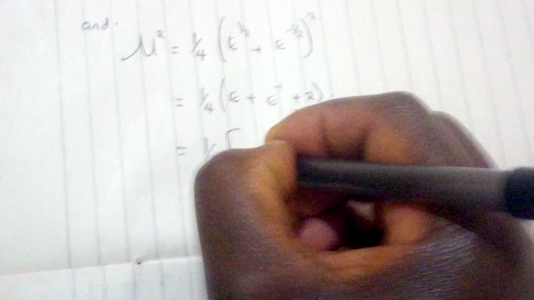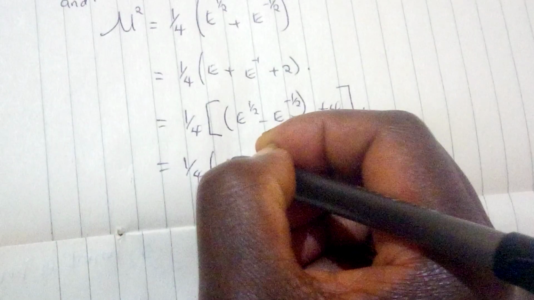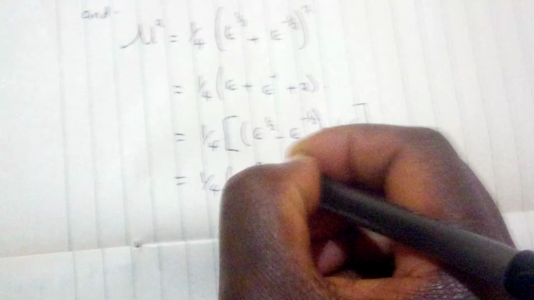Then we have 1 over 4, e to power a half minus e to power negative a half, squared, plus 4. Then we have 1 over 4 into the central difference squared plus 4.